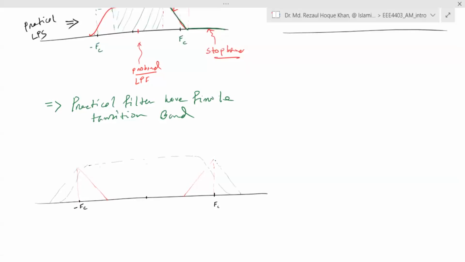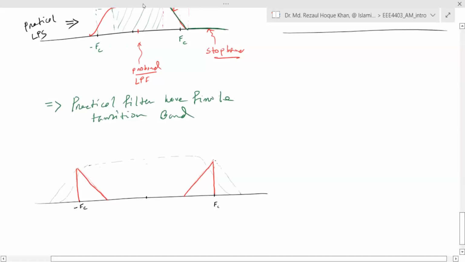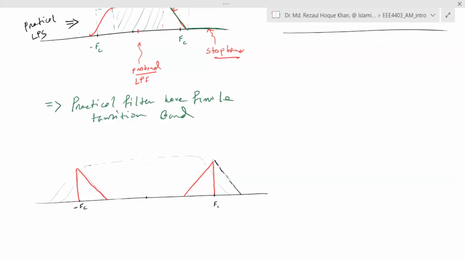Now, this is actually our DSB signal. Here is the lower part, and here is the upper part, because this is our LSB signal.